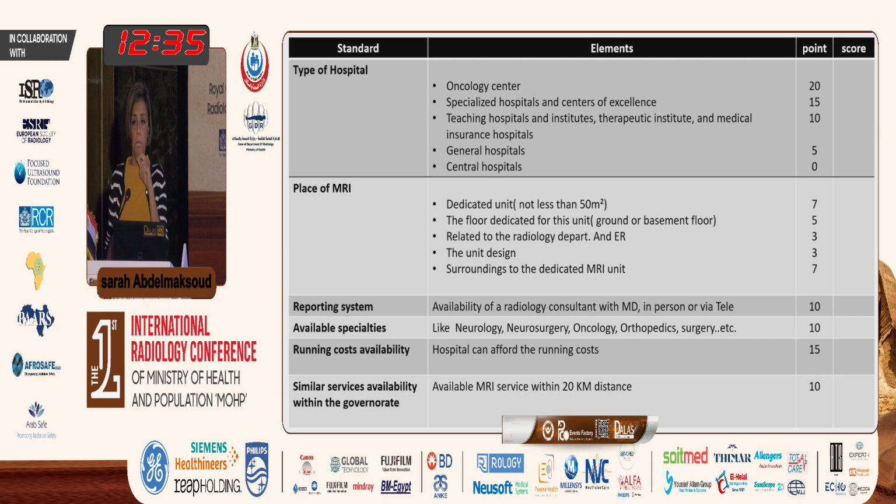And finally, as Dr. Siham was referring in her presentation, NIS 22, which is dedicated to radiation safety and MRI safety. Now, the MRI unit should be, according to the quality standards, divided into 4 zones. Zone 1 is the safest for the patient to be present, and the 4th is the magnet itself, which is the magnetic field or the exam room.